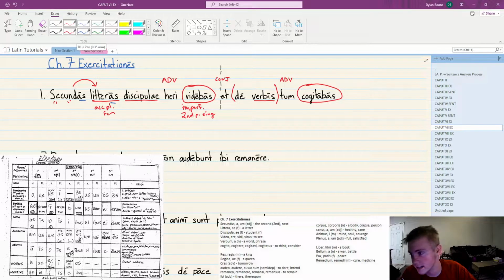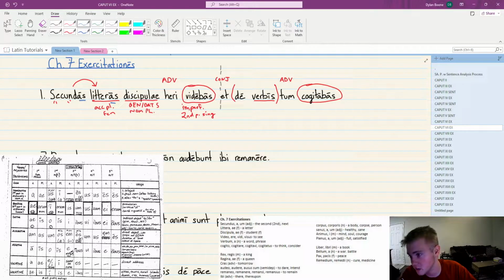Last noun of this side of the sentence is discipulae. Comes from discipula. Same deal, we're in the first declension. So there's a couple options that we have here. Genitive or dative singular, or nominative plural for the AE ending. We can go ahead and use logic and get nominative plural out of the options, because what is our subject?